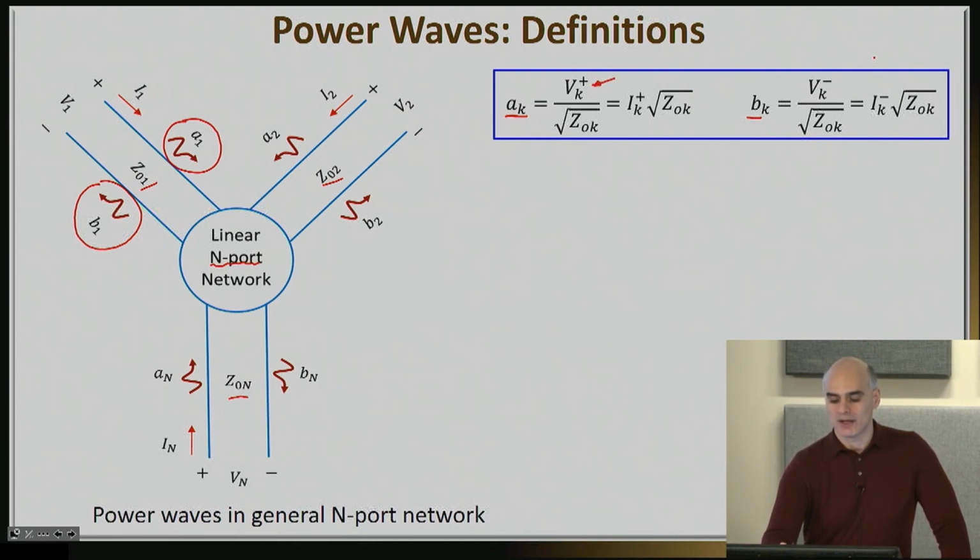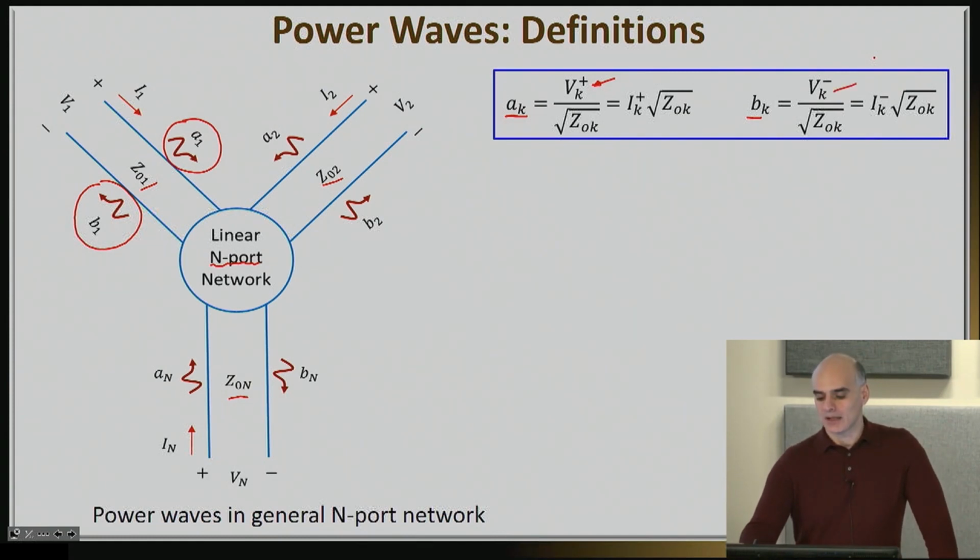So if V1 plus is the forward voltage that is incident in port 1, then A1 is nothing else but this V1 plus divided by the square root of the characteristic impedance of that port. Similarly, B1 will be nothing else but the reflected voltage in port 1 divided also by the square root of the characteristic impedance.